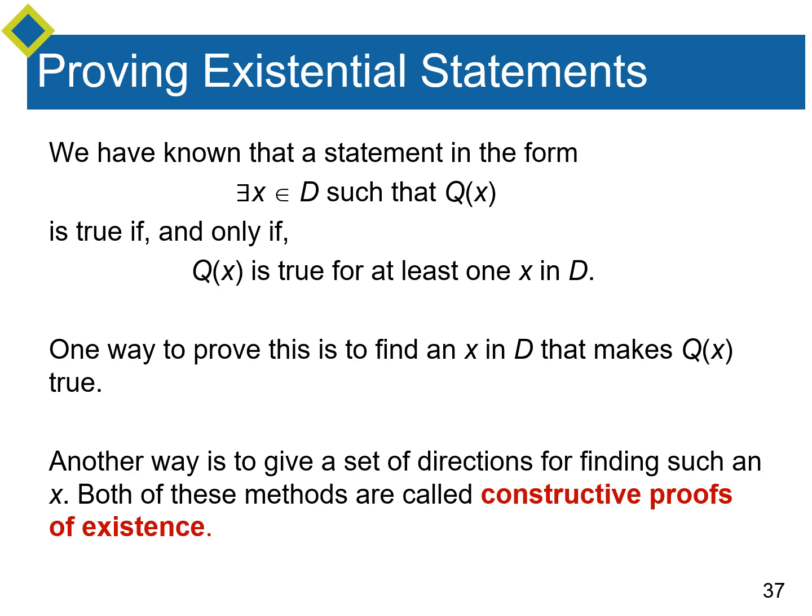One way to prove this is to find an x in the domain that makes Qx true. Another way is to give a set of directions for finding such an x. Both these methods we call constructive proof. We replace the value of x in the domain.